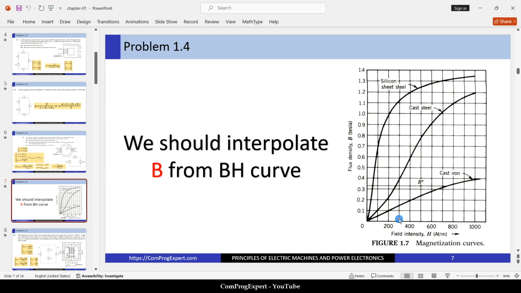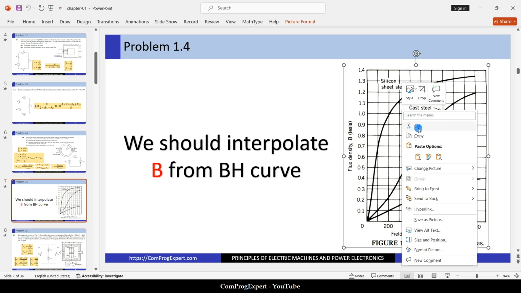This is for 300, right? And this is lower than 300. We can guess, right? It is close to 1.1 Tesla, if we actually interpolate it from here.